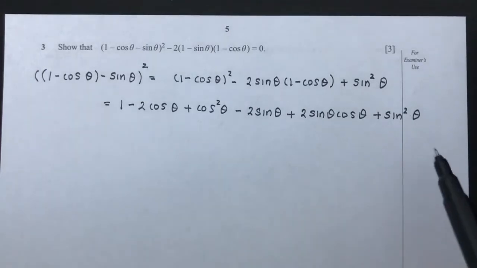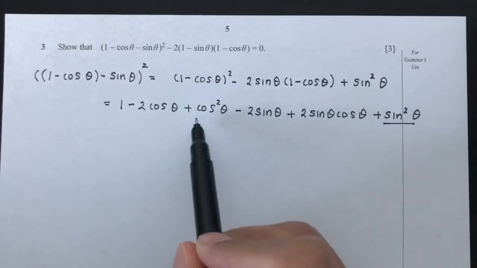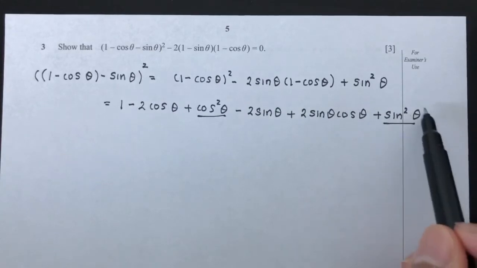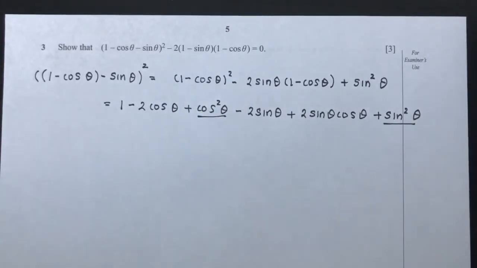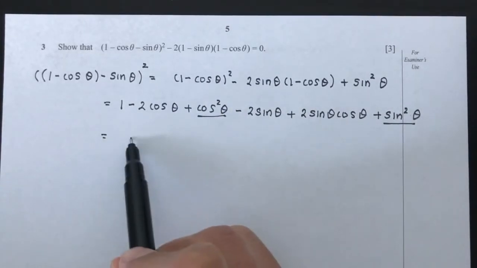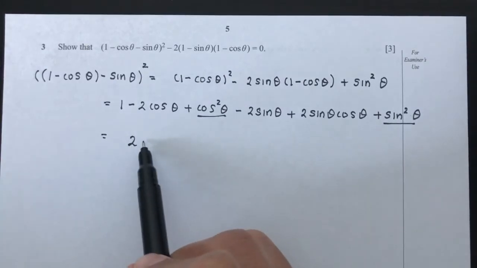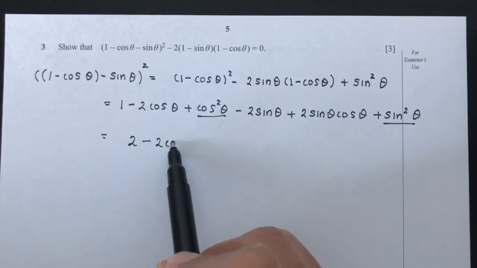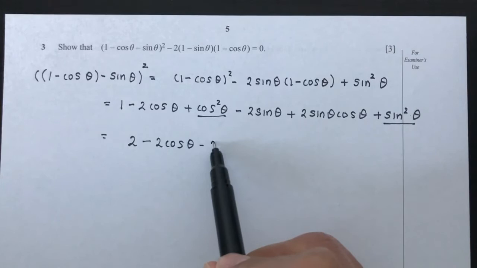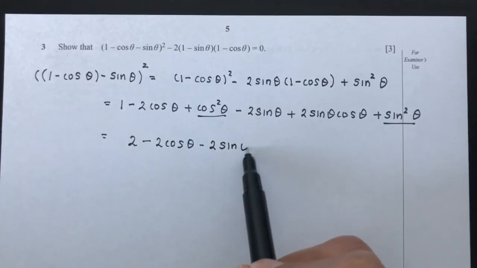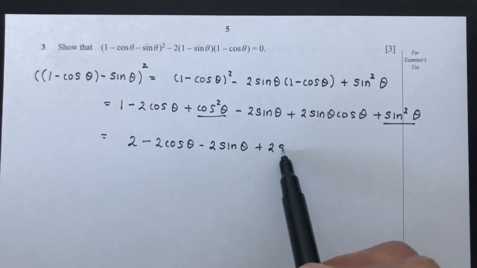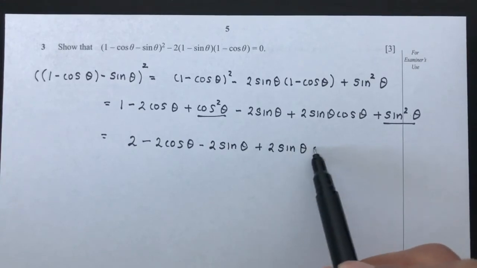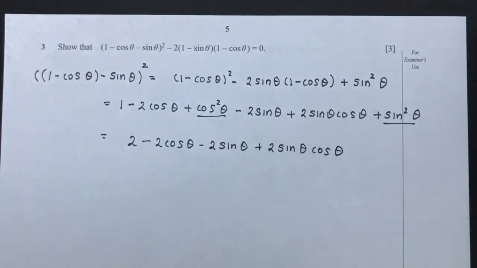Now we can combine those two. So this combined with this, that is sine square theta plus cos square theta, that will be 1. So you have 1 plus 1 is 2. So you have 2 minus 2 cos theta minus 2 sine theta plus 2 sine theta cos theta.